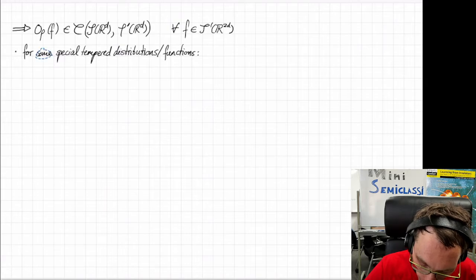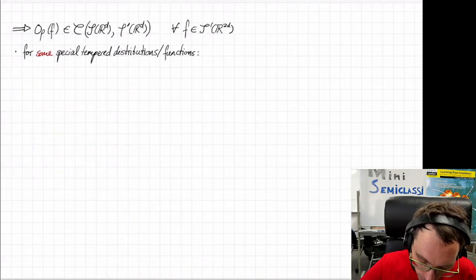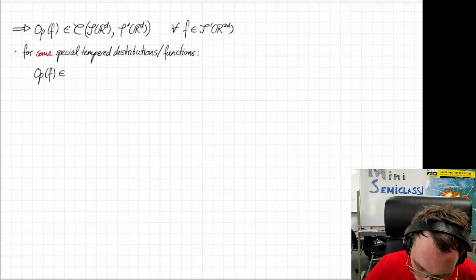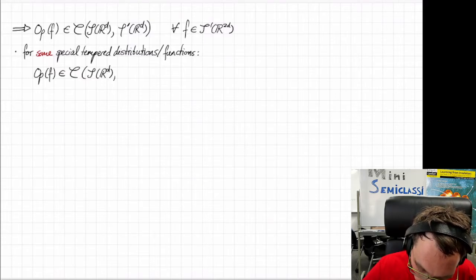But the key point is that this is not a general fact, but something that needs to be proven. The Weyl quantization is continuous between S and itself.